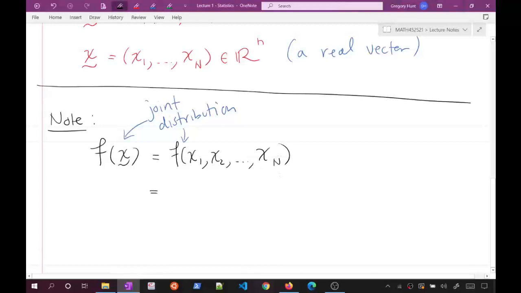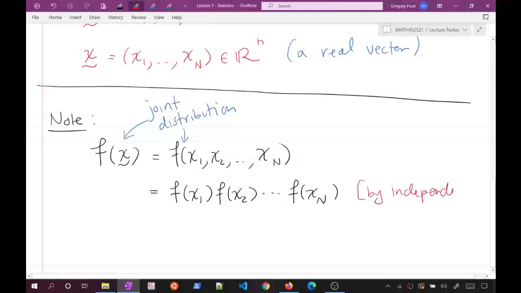And the joint distribution, in our case, is just going to be the product of the marginals. It's f of x1 times f of x2 all the way times f of xn. And why is it the product of the marginals? It's the product of the marginals by independence. So here, again, I'm being a little bit abusive with notation. This f here is the marginal.